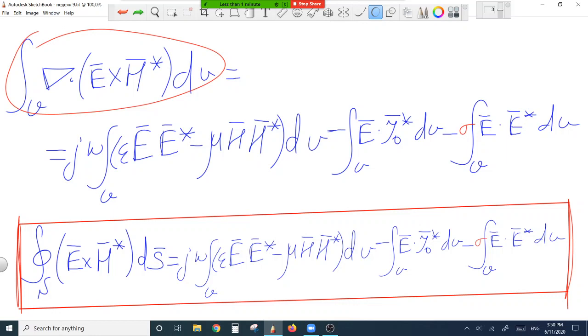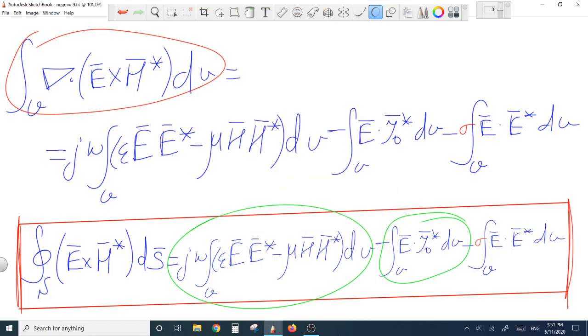So the first term on the right hand side, which is this term, is the, not complex power, sorry, is the reactive power in the volume V. And the second term, which is this, is the complex source power, and the last term, which is this, is the dissipated power in the conducting media if dissipation occurs.